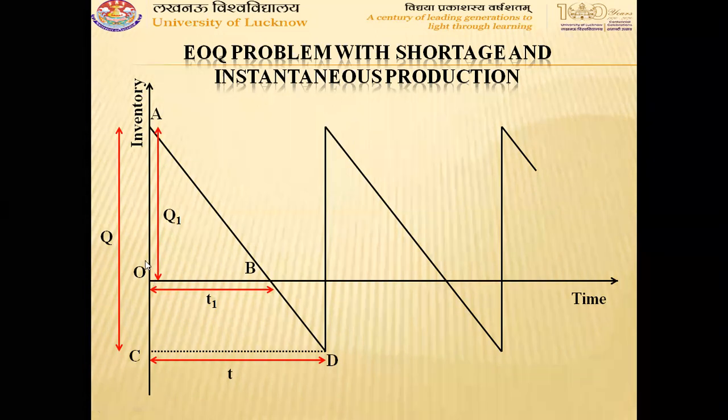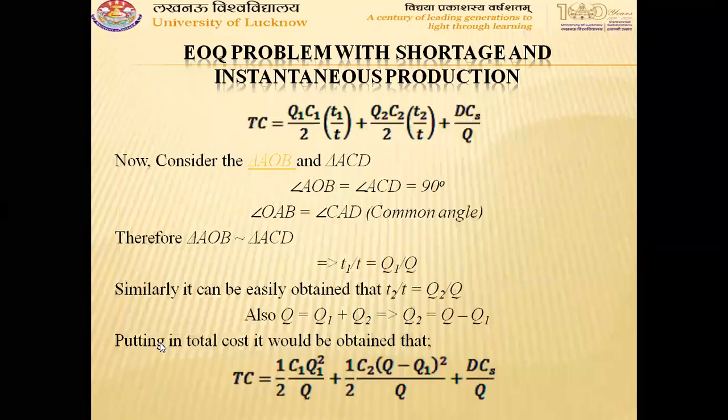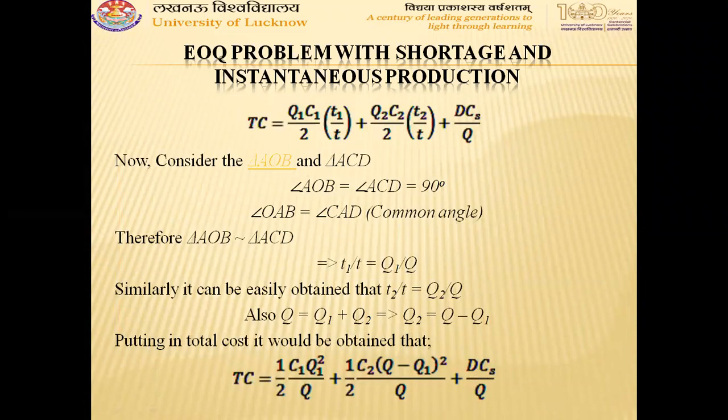Since these are 90 degrees, both the angles will be equal, and angles CAD and OAB are the same, that can also be written as angle A, that is common in both the triangles. So the third angle will also be equal, that is angle ABO is equal to angle ADC. So we can say that these two triangles, triangle AOB and triangle ACD, are similar.